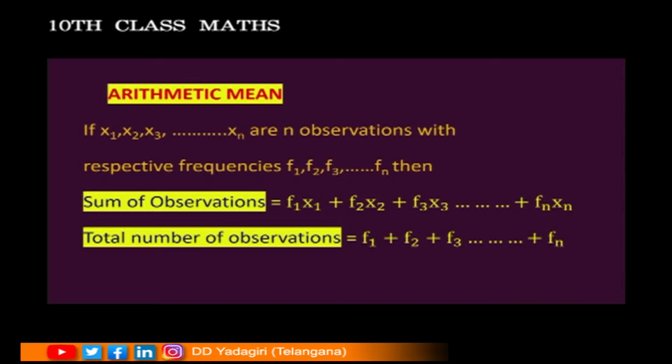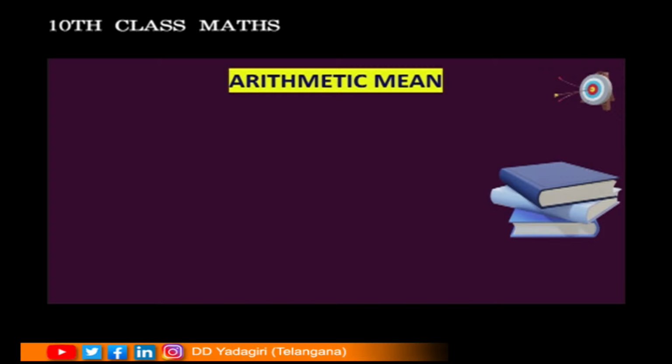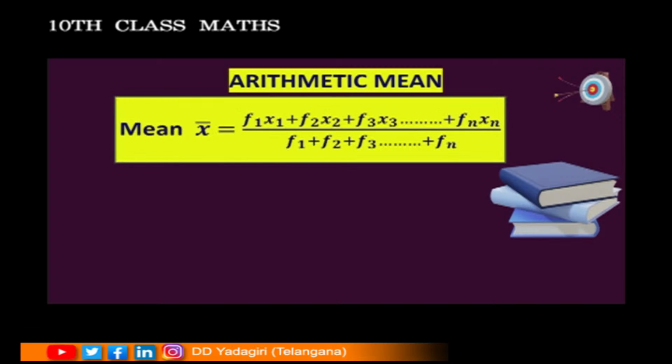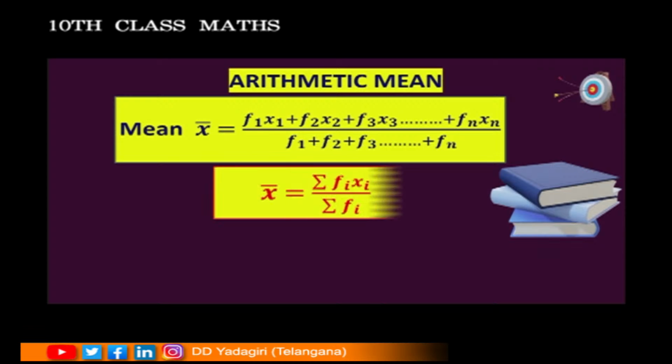The mean is the ratio of the sum of the observations to the total number of observations. So the arithmetic mean x bar is equal to f1 x1 plus f2 x2 plus f3 x3 and so on up to fn xn, divided by f1 plus f2 plus f3 and so on up to fn. We can write this in a shorter notation: x bar is equal to sigma fi xi divided by sigma fi.